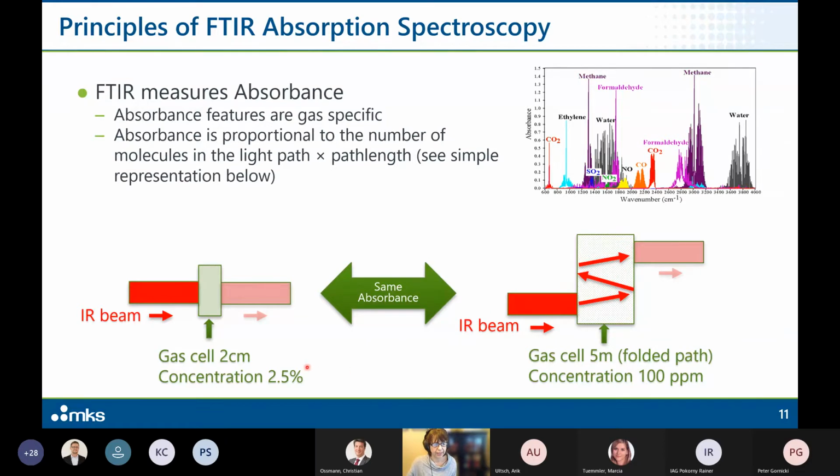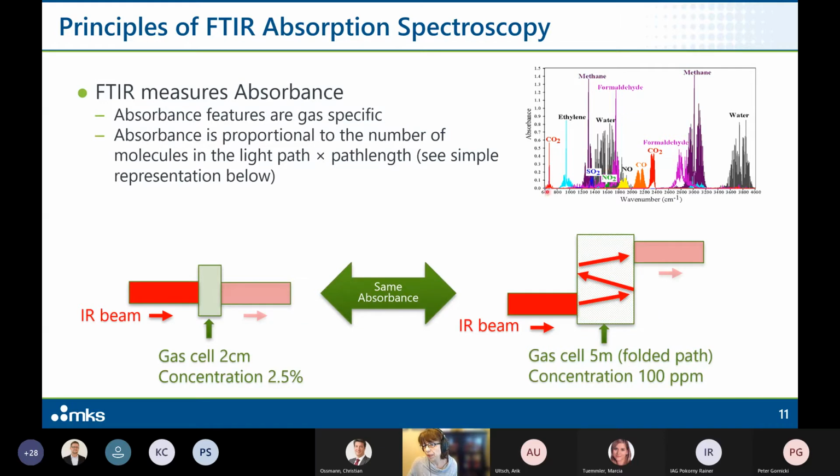What we often see is people using this configuration, which a lot of people have as a standard, and then they measure percent level of the gases that come out, and they might have an issue. It's not a problem if only CO2 or water is at percent level, because those have very sharp absorption peaks and are very localized.